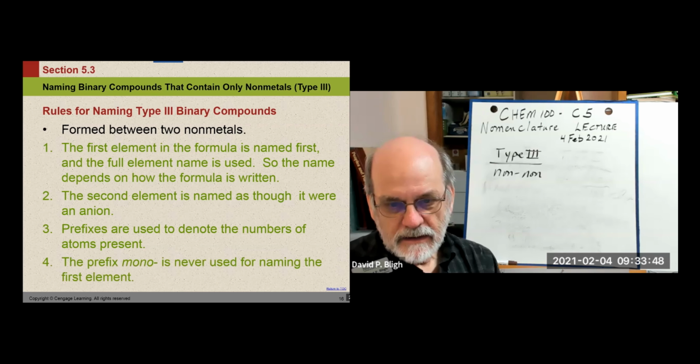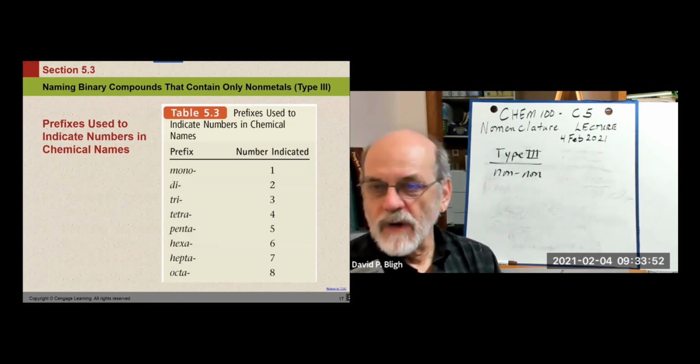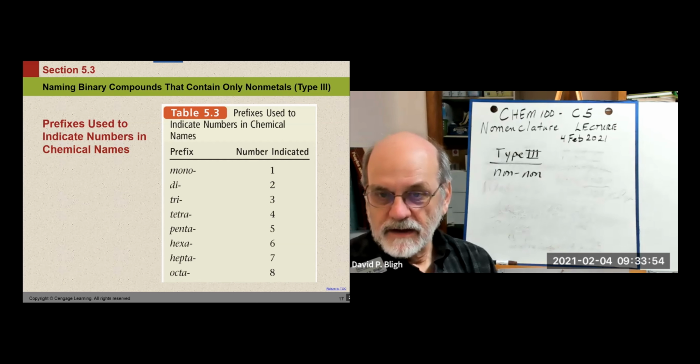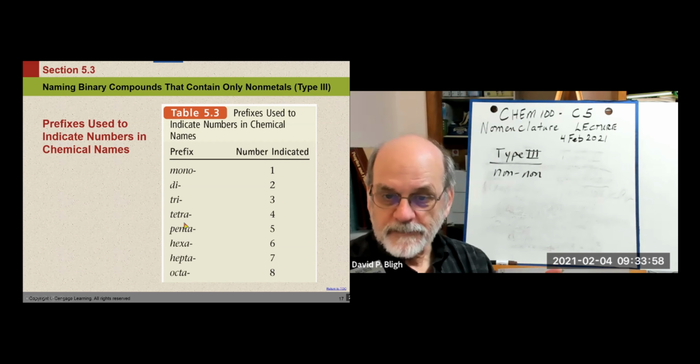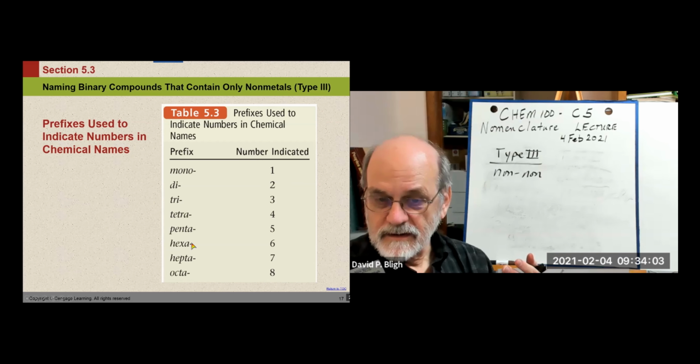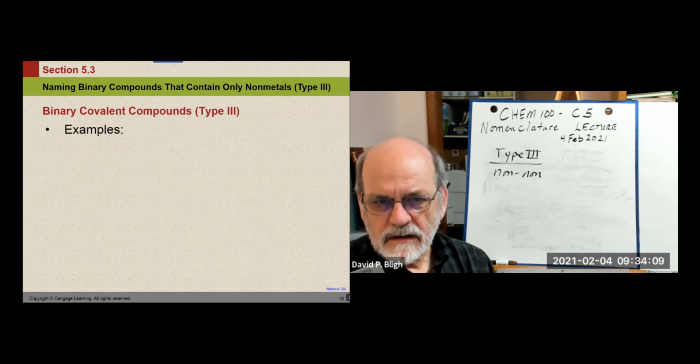Let's see. Here we go. So mono means 1. Di means 2. Tri is 3. Tetra is 4. Penta is 5. Hexa is 6. Hepta is 7. Octa is 8. Let's see.